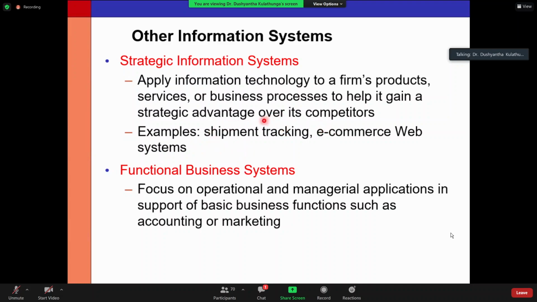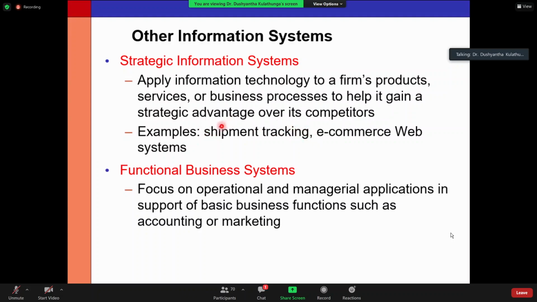Shipment tracking has been taken because when it comes to online ordering, shipment tracking is considered very vital. Today, most companies having e-commerce may have this particular feature.